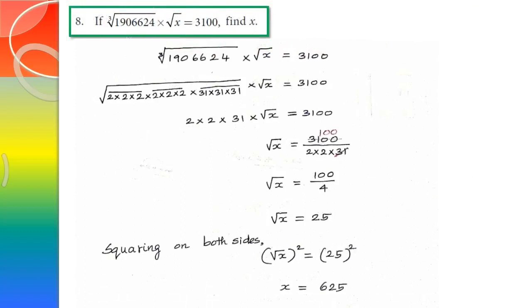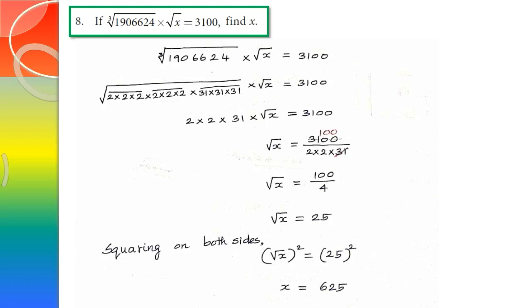Next question number 8. Cube root of 19,06,624 into root x equals 3,100. In this question, taking the cube root of the given number is 3 times of 2, again 3 times of 2, again 3 times of 31.